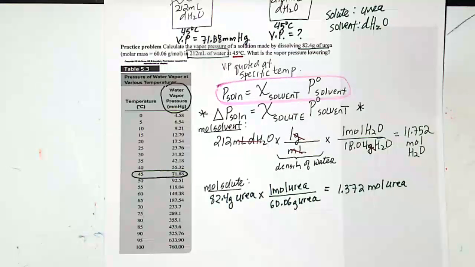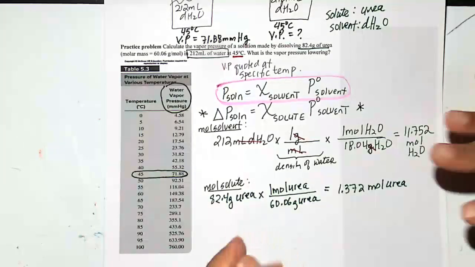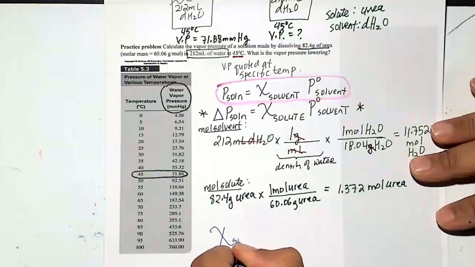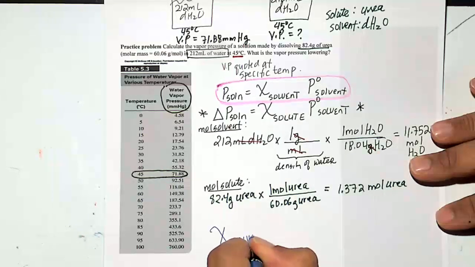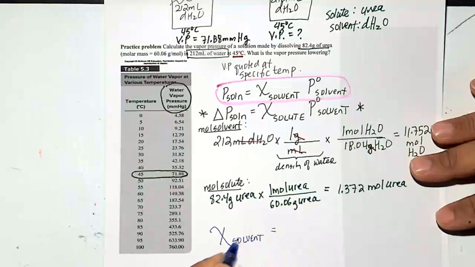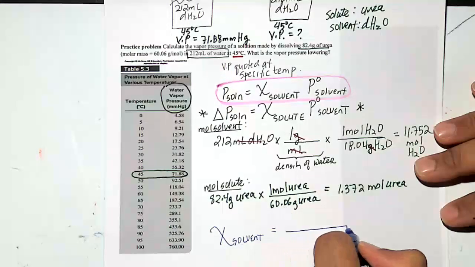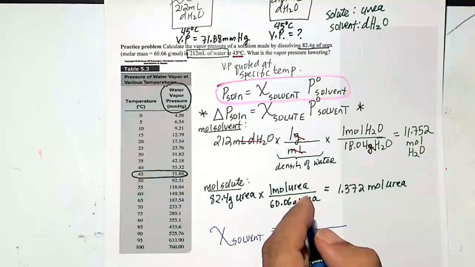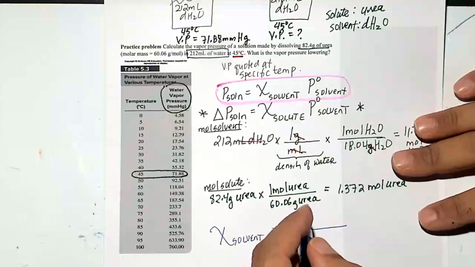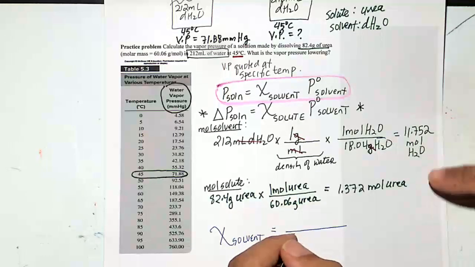Alright, so what is our definition of mole fraction? Can anyone tell me? It's a fraction. We'll do the mole fraction of the solvent. What always goes at the bottom of the fraction? It's going to be the whole thing.